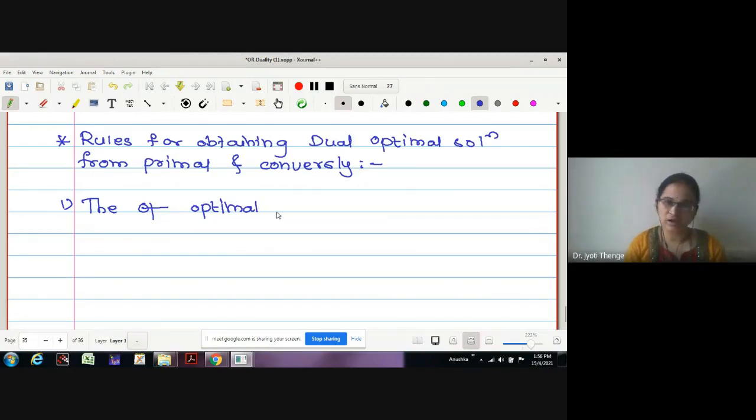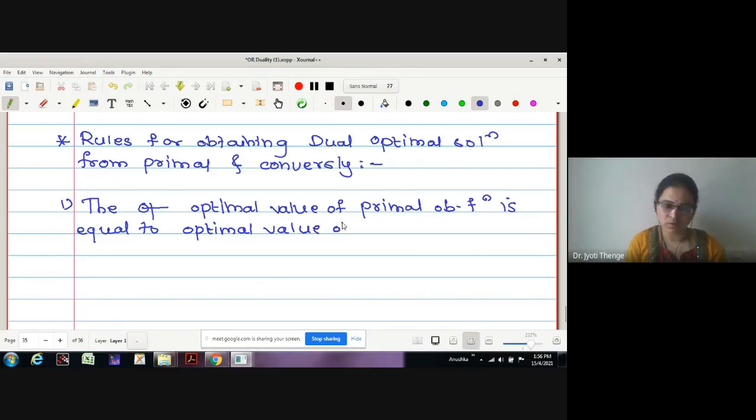The optimal value of the primal objective function is equal to the optimum value of the dual objective function. That is, maximize Zx is equal to minimize Zw. This is also a theorem we have seen.